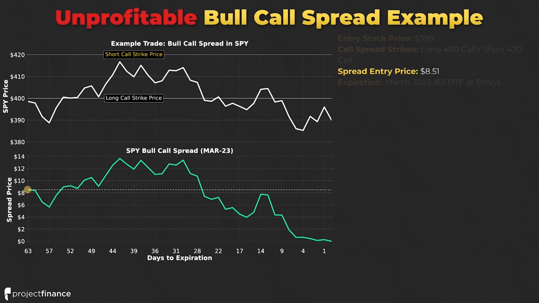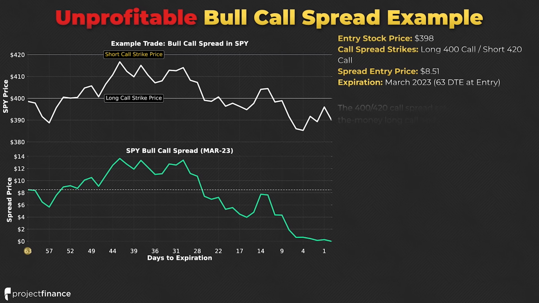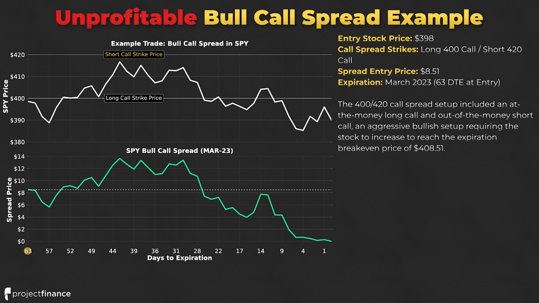The spread price at the time of entry was $8.51, meaning I have a maximum loss potential of $851 per spread. The expiration was March 2023, which at the time of gathering this data, the spread had 63 days until expiration. This particular setup included an at-the-money long call and an out-of-the-money short call.